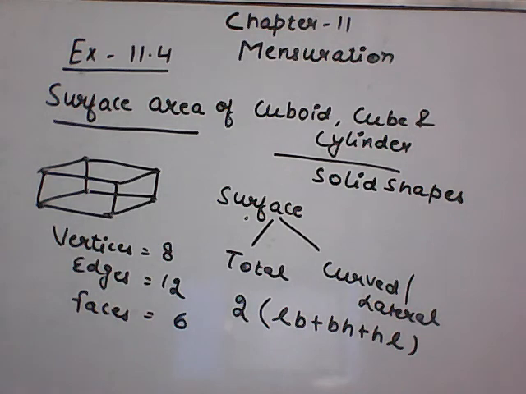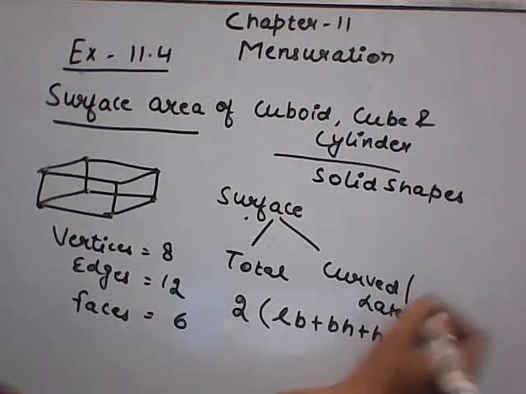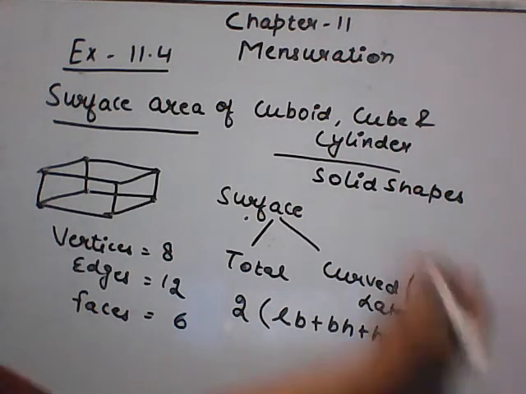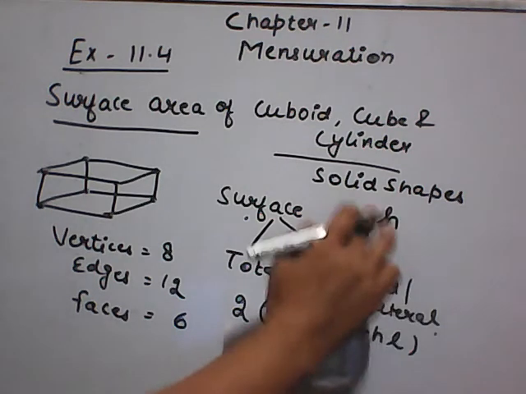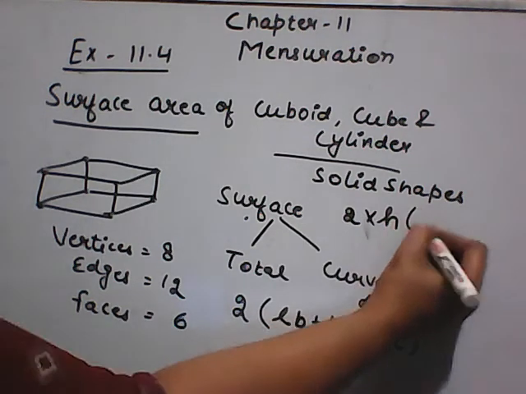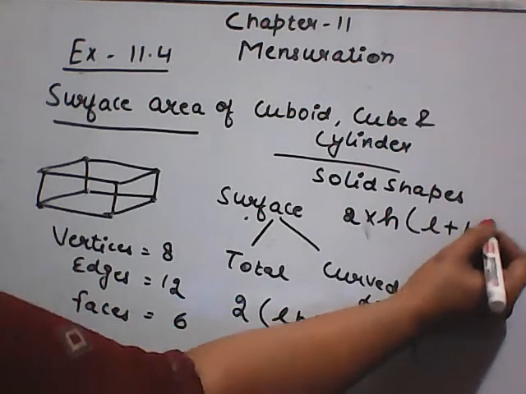Now, what is the curved or lateral surface area of the cuboid? Lateral surface area will be 2 multiplied by height into length plus breadth.